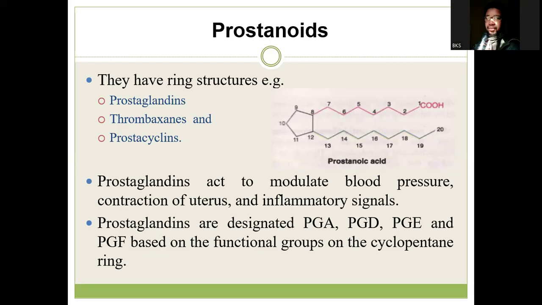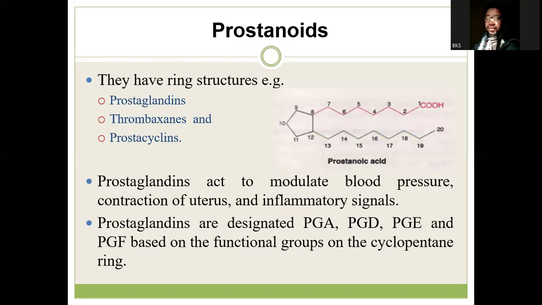That is why quite a number of asthma drugs actually target the production of prostaglandins. They are also involved in contraction and relaxation of the uterus. And that is why some of the therapeutics aimed for abortions were targeted at the production of these prostaglandins.